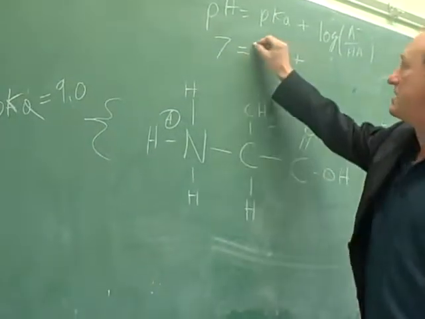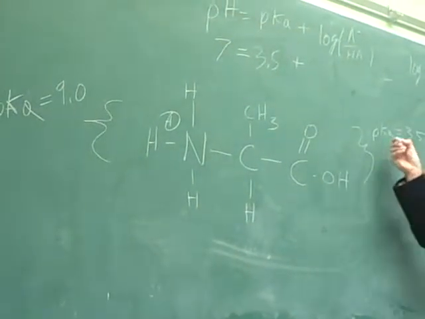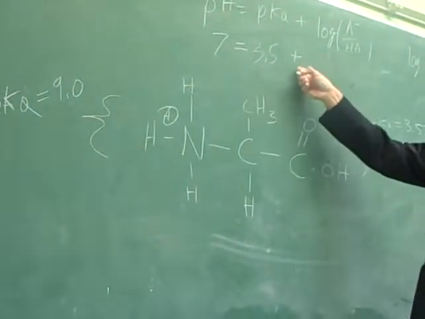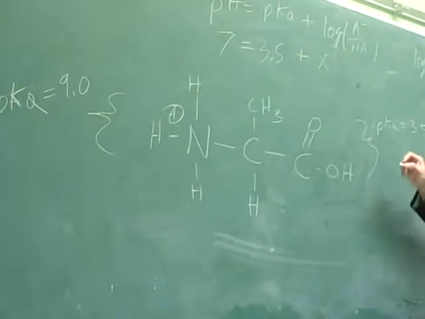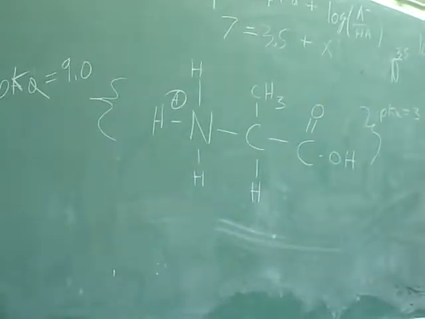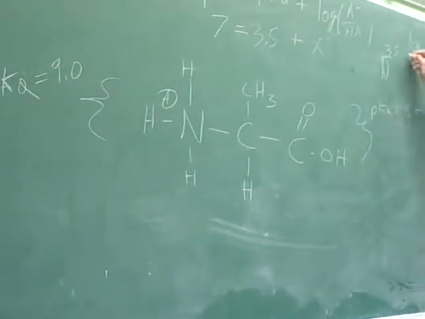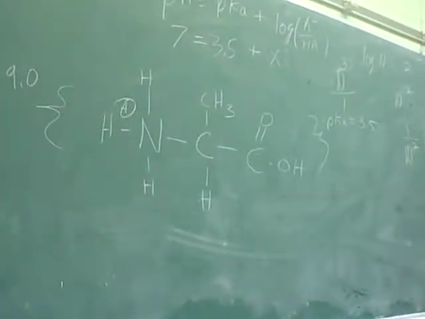So pH is 7. I told you the pKa of this one is 3.5. So 3.5 plus x equals 7. What's x? 3.5. So that means I'm talking about 10 to the 3.5. Another way to write that, since it's positive, is 10 to the 3.5 over 1.